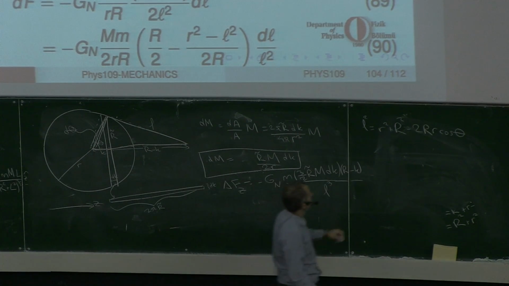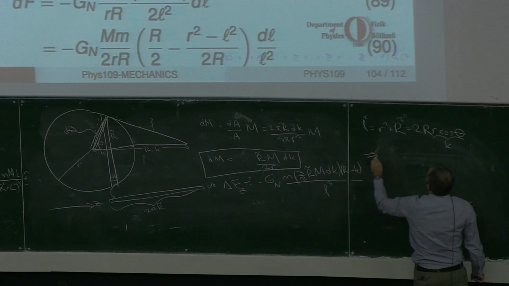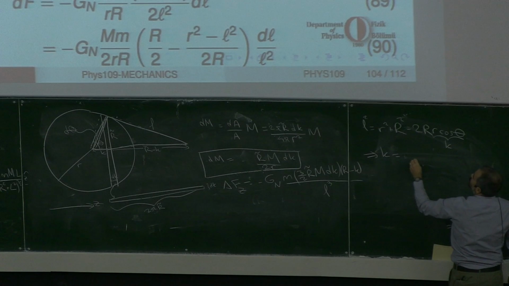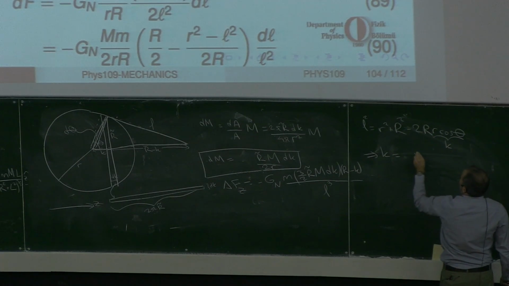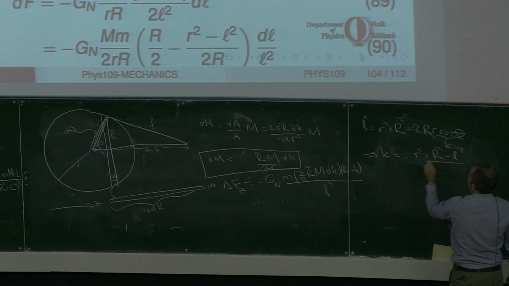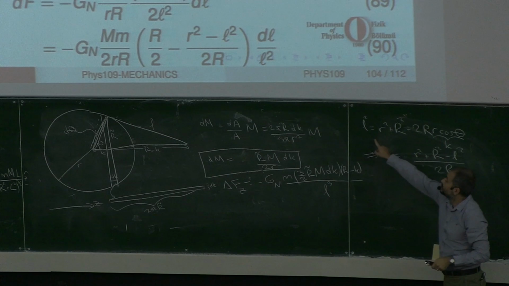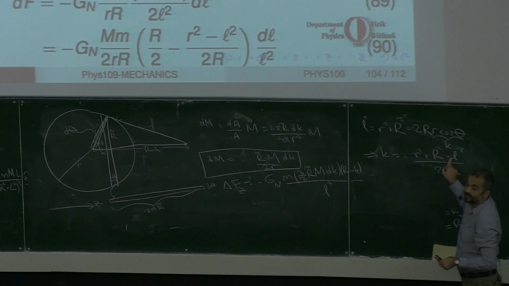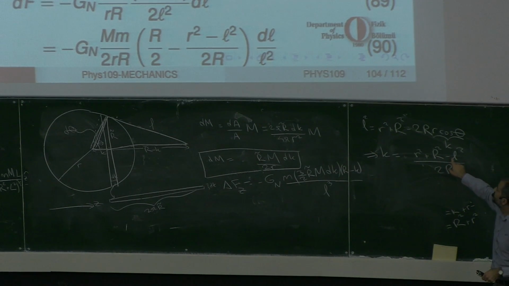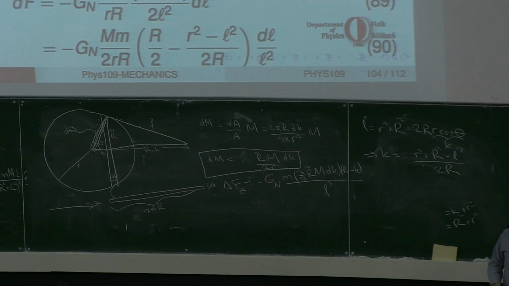So this here is k, which tells me that k will be equal to r squared plus capital R squared minus L squared divided by twice dr. I just move this term to the other side, L squared to this side, so that's why I have this minus L squared divided by 2r. That will give me k.